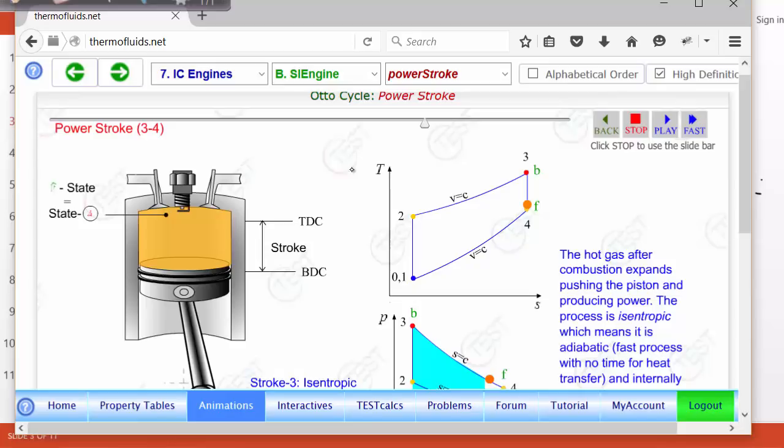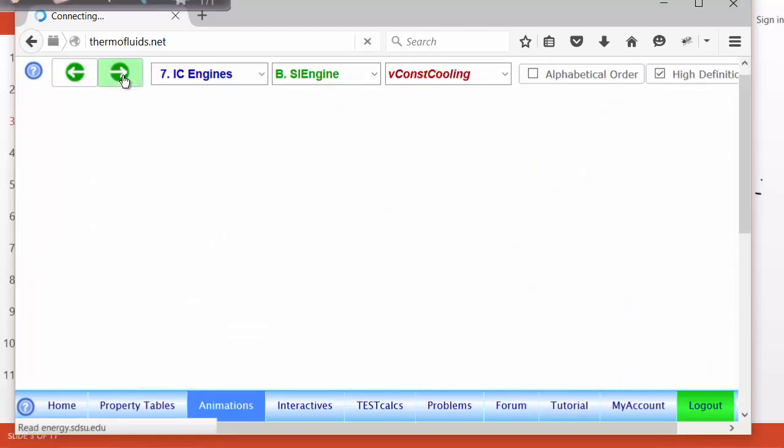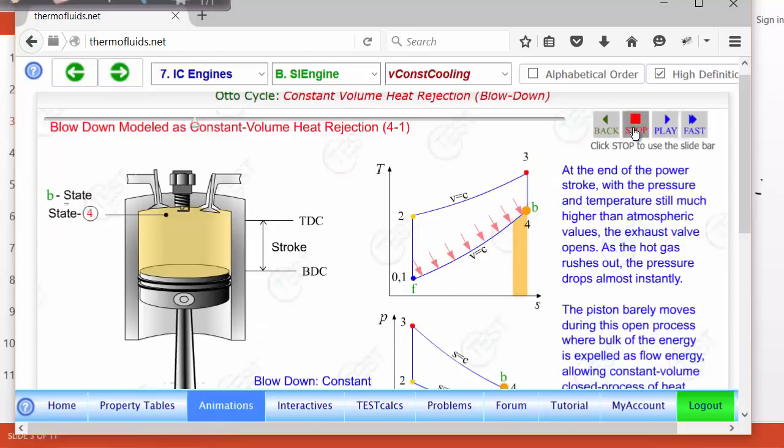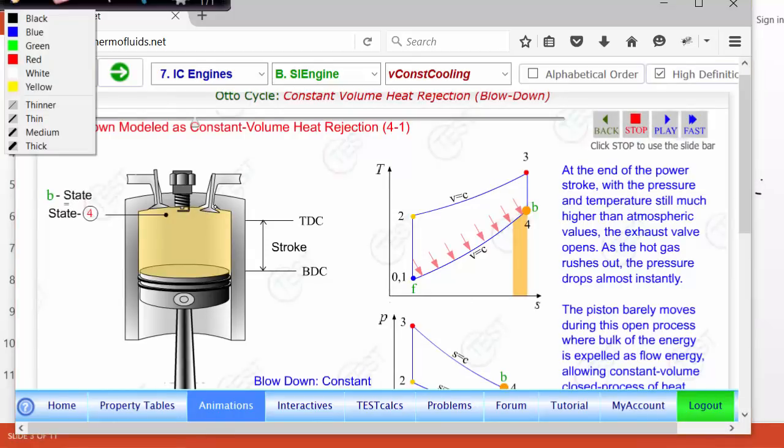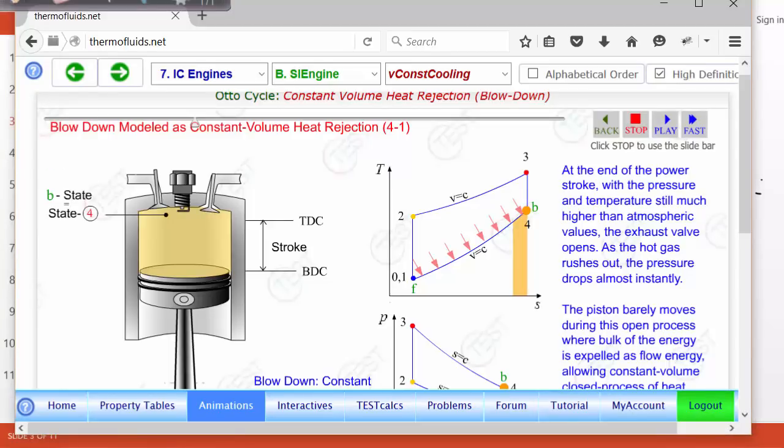One of the simplifications of the Otto cycle is that, even though in reality the valve opens, we assume that the valve remains closed, and as if heat suddenly escapes instantly. So in other words, from state 4 is called blowdown.